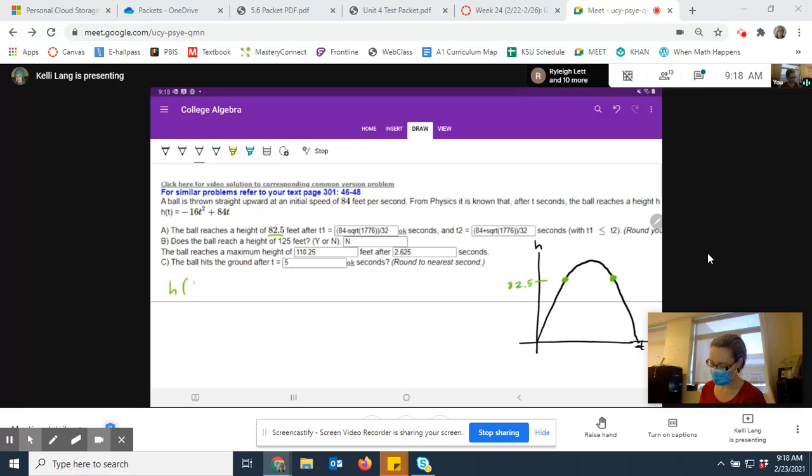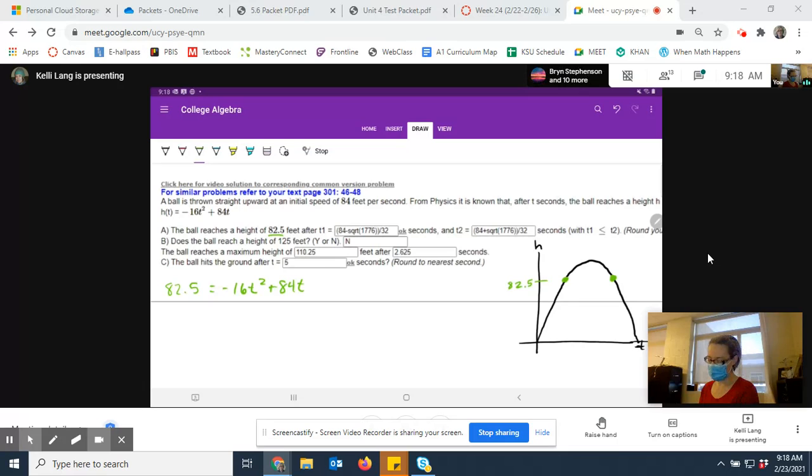If h of t is negative 16t squared plus 84t, and we're concerned with when the height is 82.5, what we're going to do is replace the height with 82.5. And then we're going to solve.